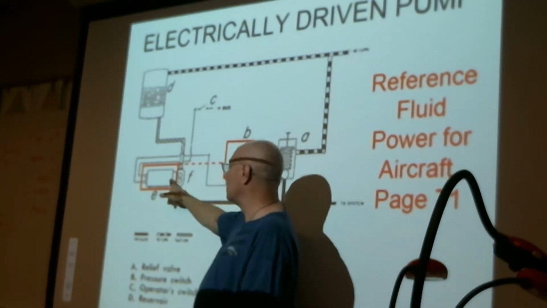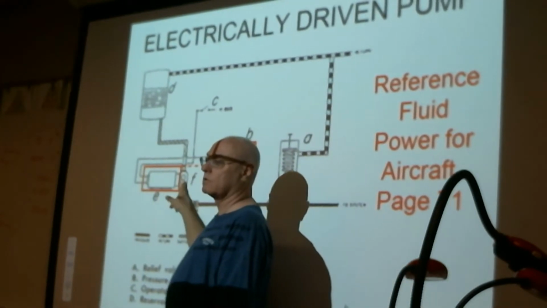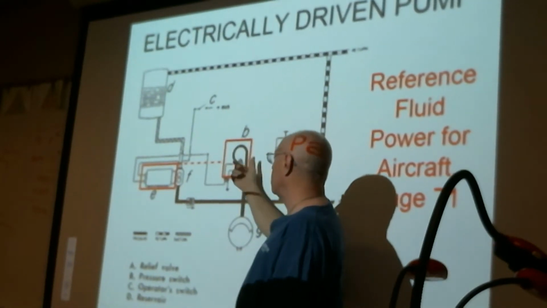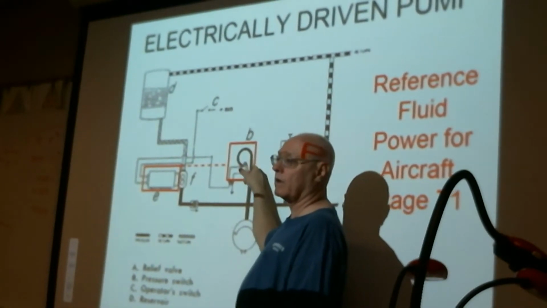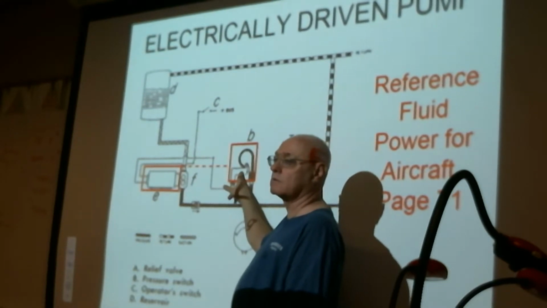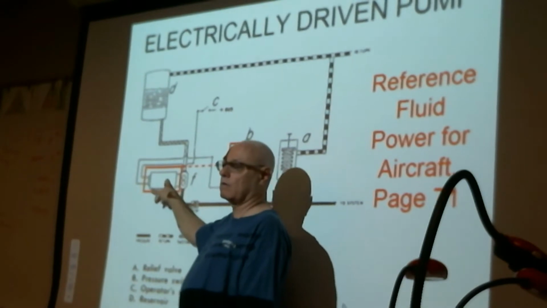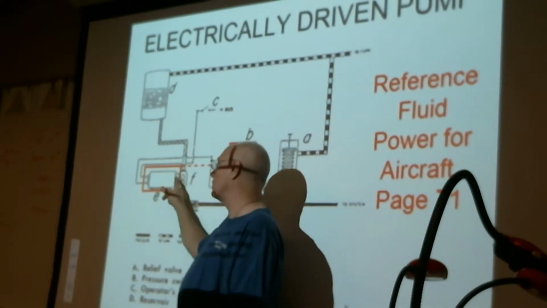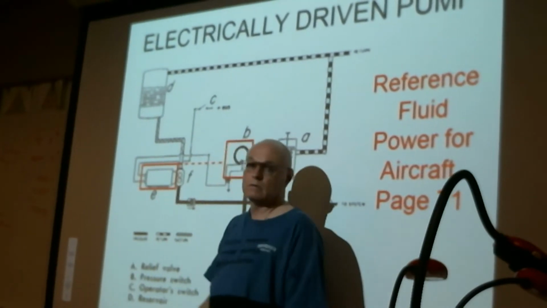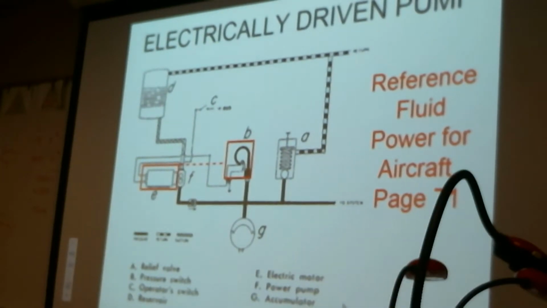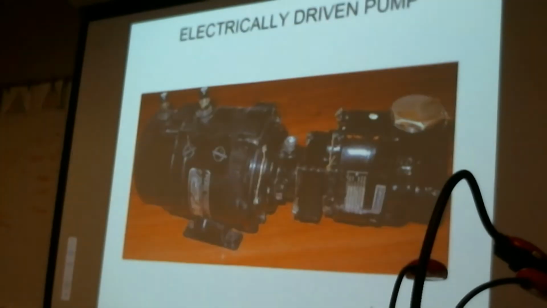When that occurs, it stops the electric motor, which in turn shuts off the pump. If the pressure should drop, the Bourdon tube curls back up again. What happens to the contact points? They close. Then we deliver electrical voltage to the electric motor, and then the pump starts back up again. So again, this would be an electrically driven pump, not an engine-driven pump. So that's the control of that.